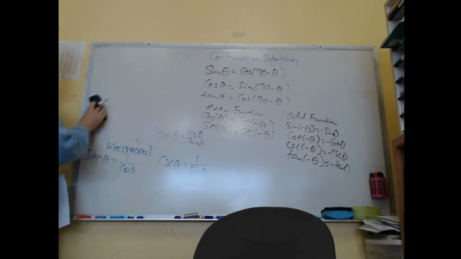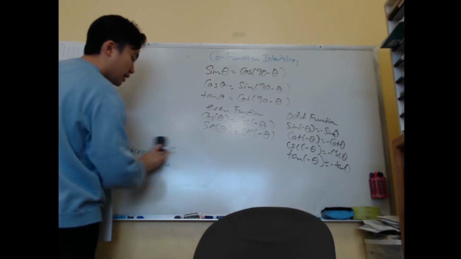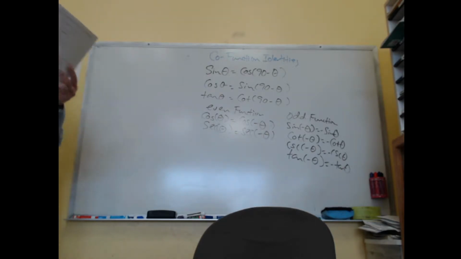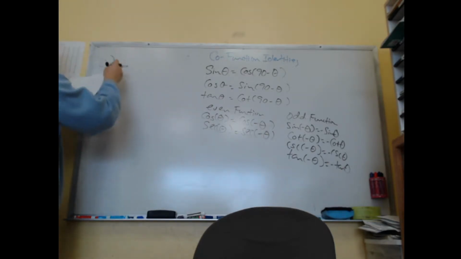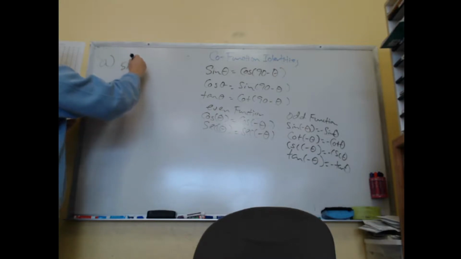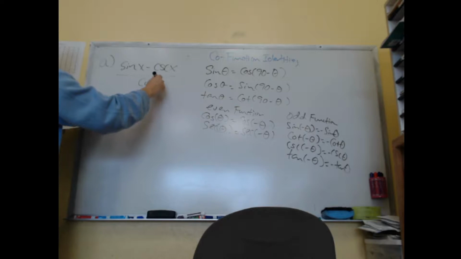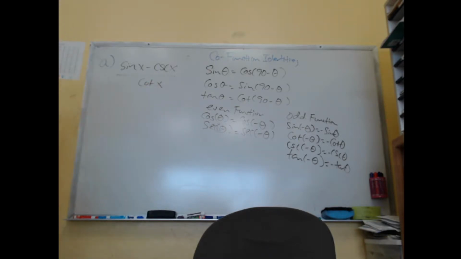So anytime that you see every trig function involved, that means you want to rewrite it in terms of sine and cosine. So the first one. So what would you do? Sine of x minus cosecant of x over cotangent of x.